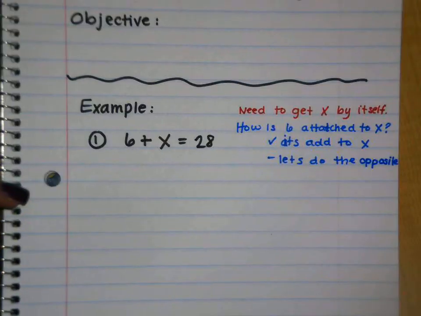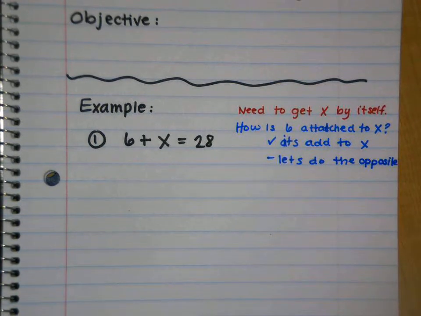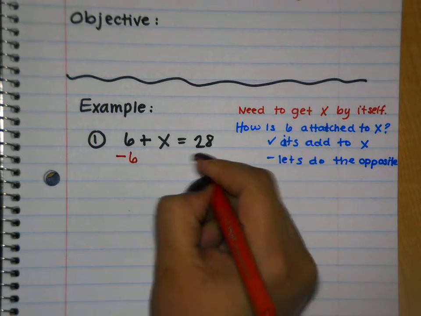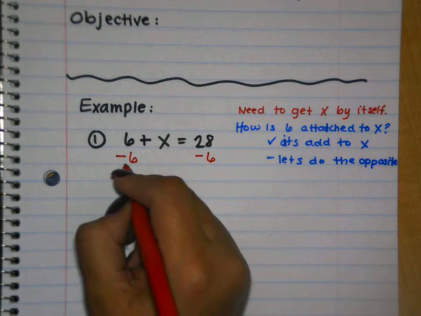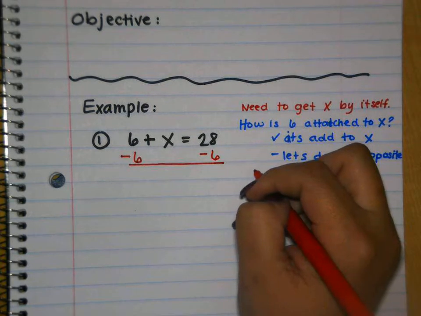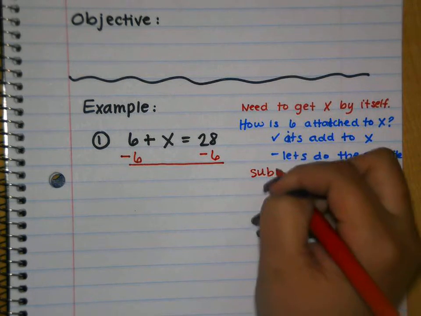Let's do the opposite. So what I'm going to do is subtract 6 from both sides, because what we do to one, we do to the other.